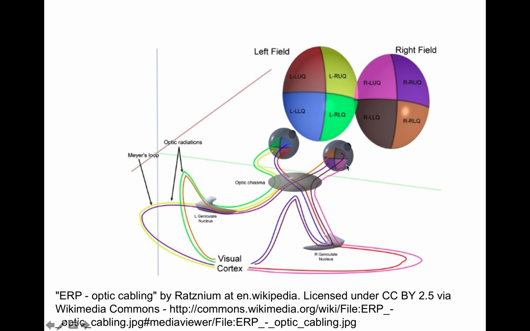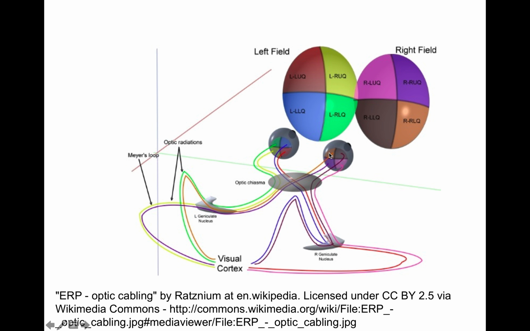So even though they're coming in from separate eyes, the organization of the wiring is such that we're able to represent these right lower quadrants of the visual field in the same area of your brain. So you have two representations there of the right lower quadrant, one from your left eye and one from your right eye.